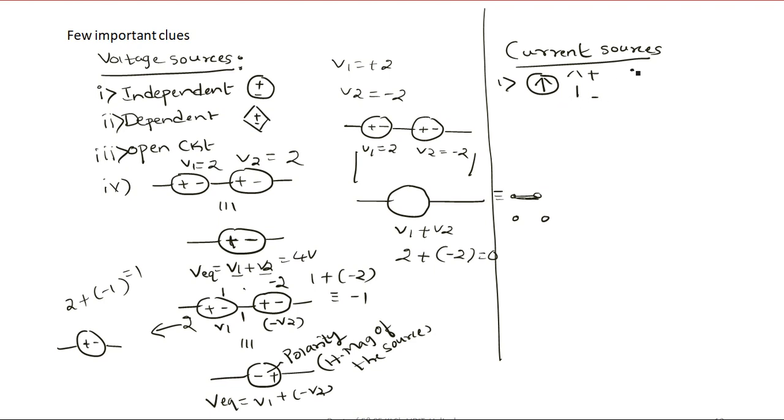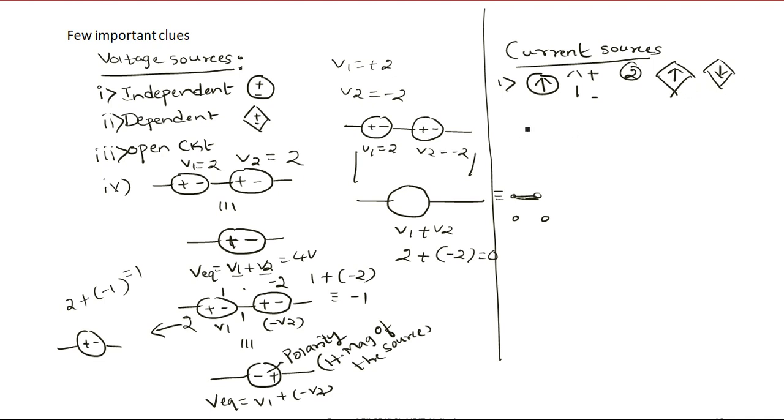And what about dependent conditions? Again, the same thing. We may have it like this, or we may have the representation like this. It can be a current controlled current source or a voltage controlled current source.